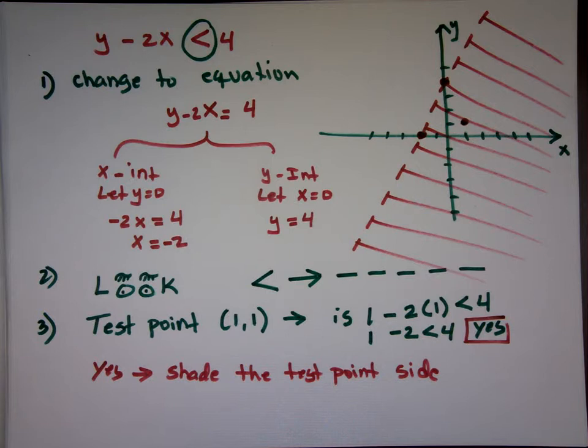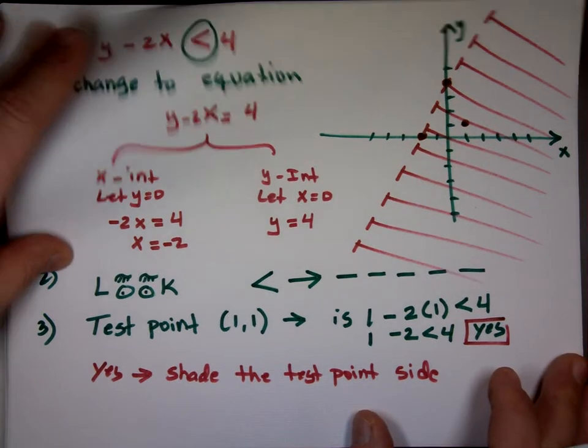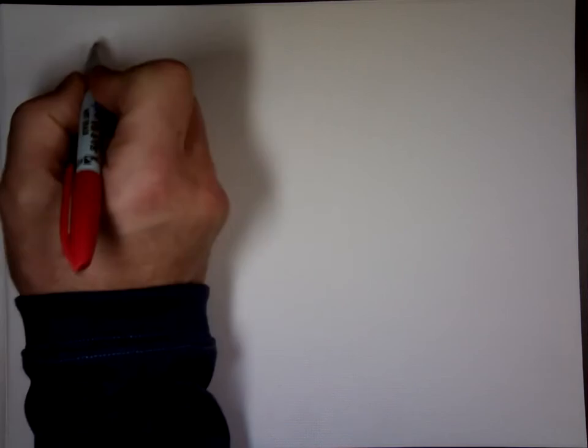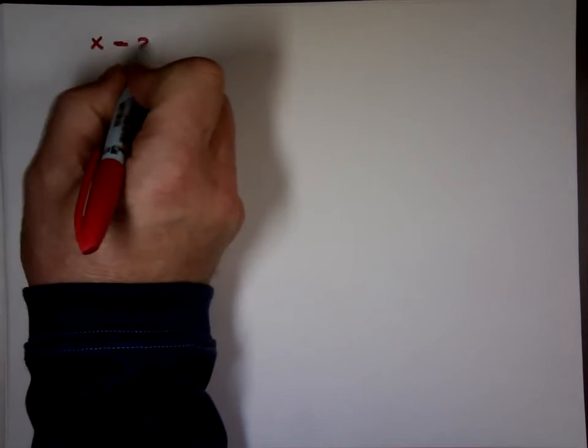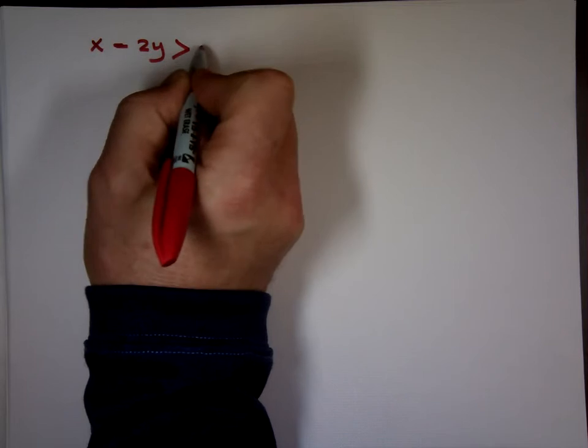Let's try another one. The same 3 steps you're going to see me do every single problem. X minus 2y is greater than negative 6.